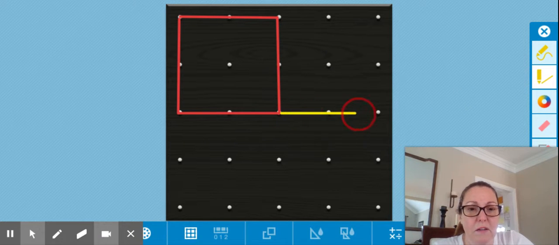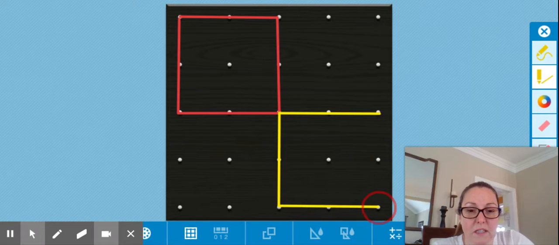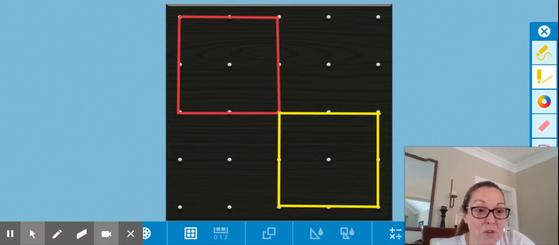Let's do this here. Now you can see that the corner right there of this rectangle is touching this rectangle, but that's okay. This is another rectangle. Now this rectangle, which is also a square, is equal to this rectangle. And then I'm going to draw one more rectangle, but let me get a different color so we can distinguish it from the others.